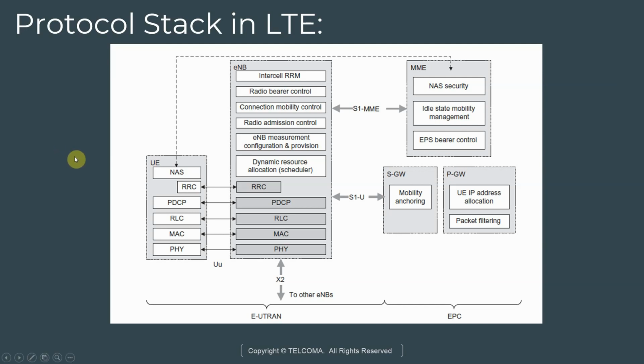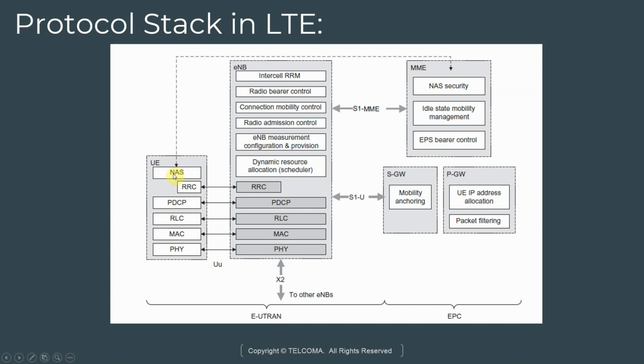So starting off, the UE has this protocol stack defined. You start off with the physical layer, MAC, radio link control or RLC, packet data convergence protocol or PDCP. You have the radio resource control, the RRC, and then you have the NAS, non-access stratum.